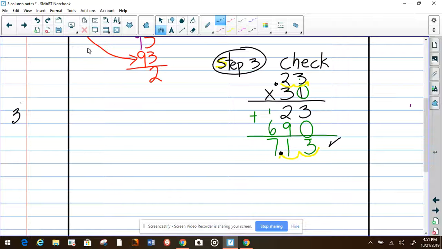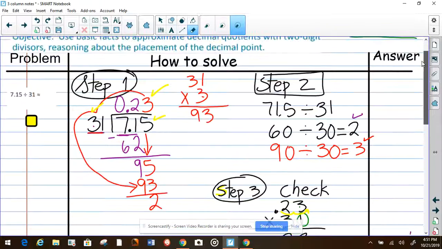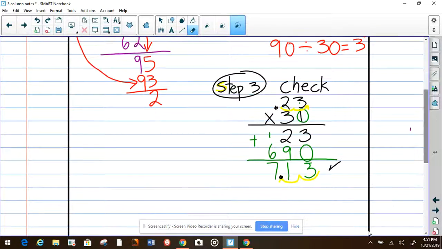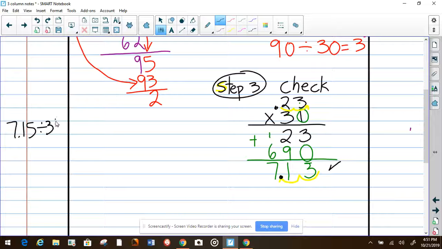Excuse me, let me rewrite this. It was, let me look up here, 7 and 1500 divided by 31. So this product should be the same as this dividend, but it's not.